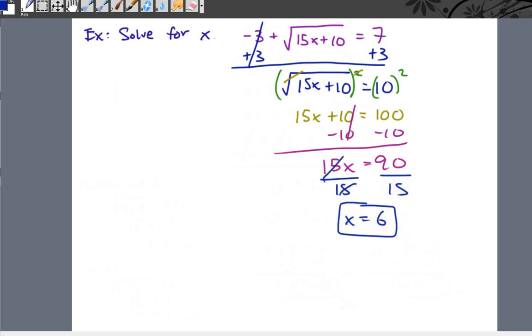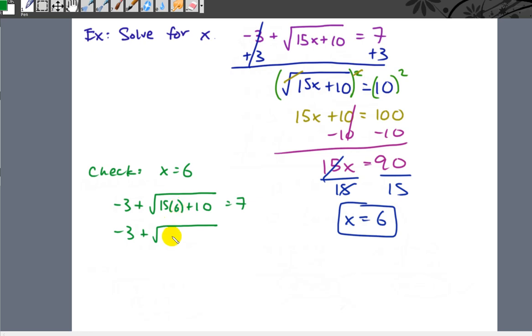Now, like I said earlier, we want to check to see if our solutions are valid. So let's check x equals 6. We get -3 plus the square root of 15 times 6 plus 10 equals 7. 15 times 6 is 90, plus 10, so -3 plus the square root of 100 equals 7.